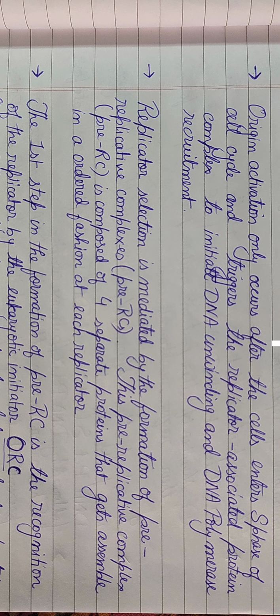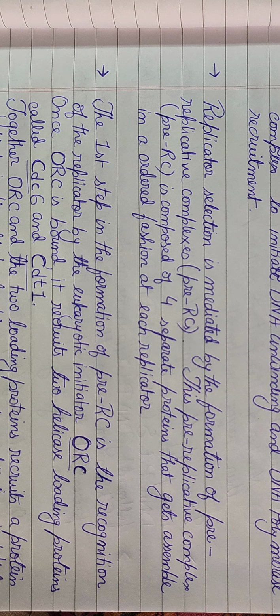This pre-replicative complex is made up of 4 separate proteins. It identifies the replicator regions and binds, and it is made up of 4 separate types of proteins that get assembled in an ordered fashion at each replicator sequence. Let us see the names of those proteins.